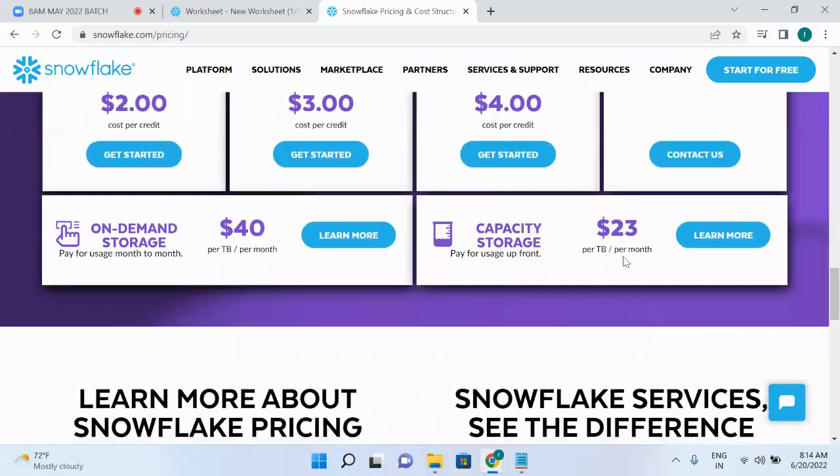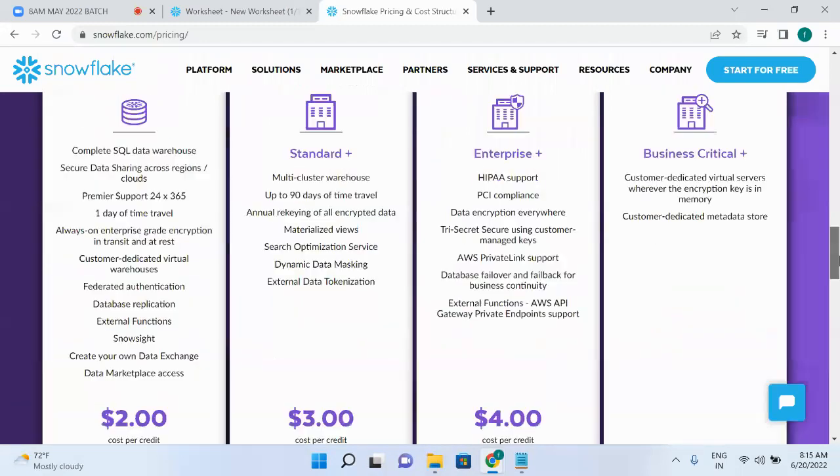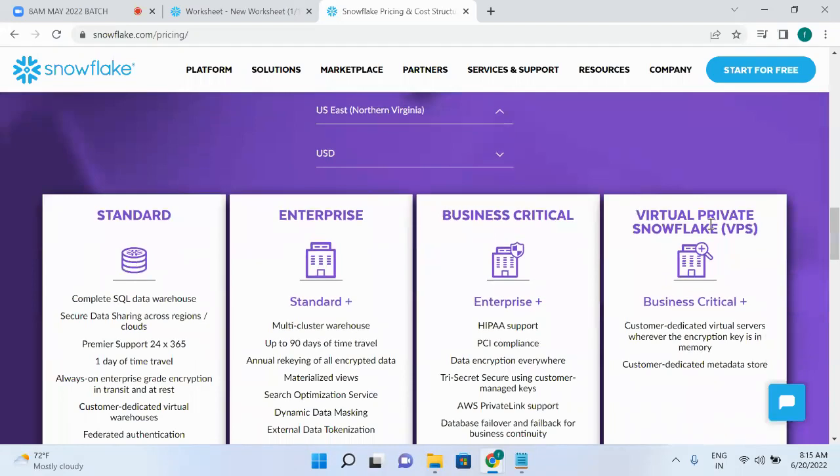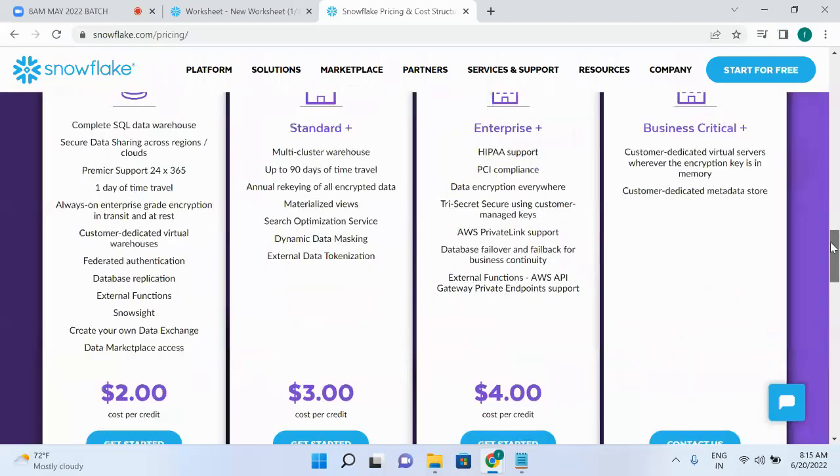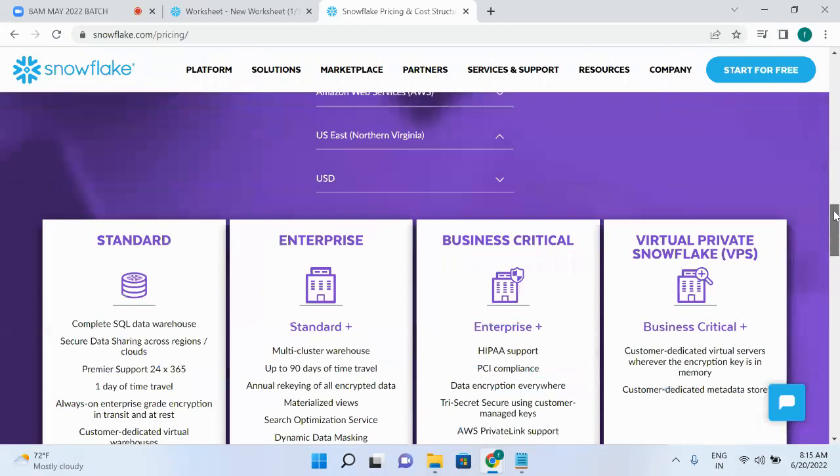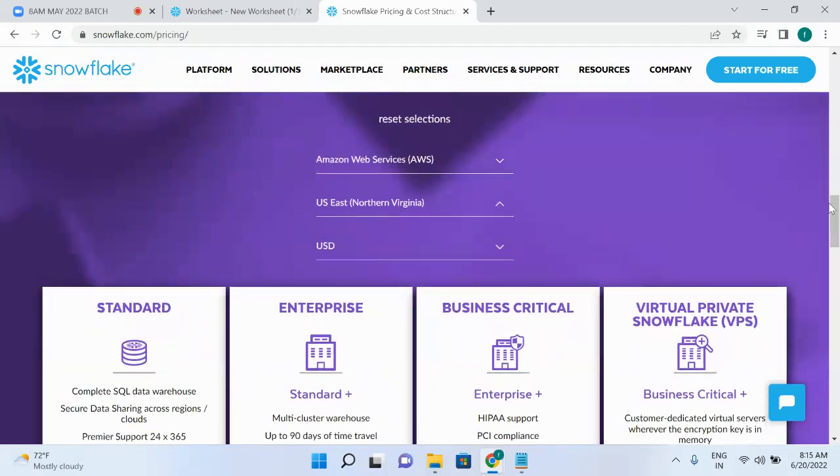This is pre-purchase $23 per terabyte per month, and then $40 per terabyte per month. One thing, for Virtual Private Snowflake, you don't have any pricing; you need to contact the support team to know what the pricing is.